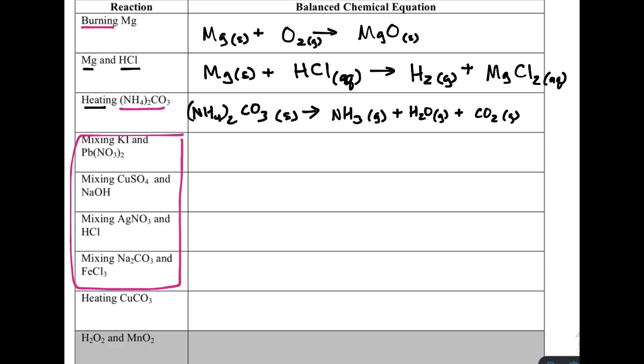So through those three tests, using the nose test to smell the ammonia, using cobalt blue paper to indicate that water has evolved, and using the burning splint being snuffed out as the indicator that CO2 has been produced, you can get the three things that you know came out of this reaction.